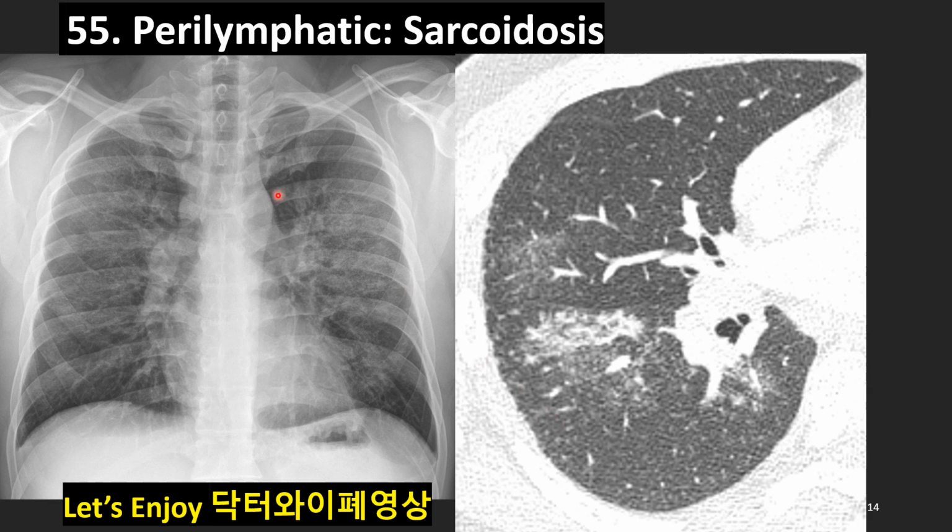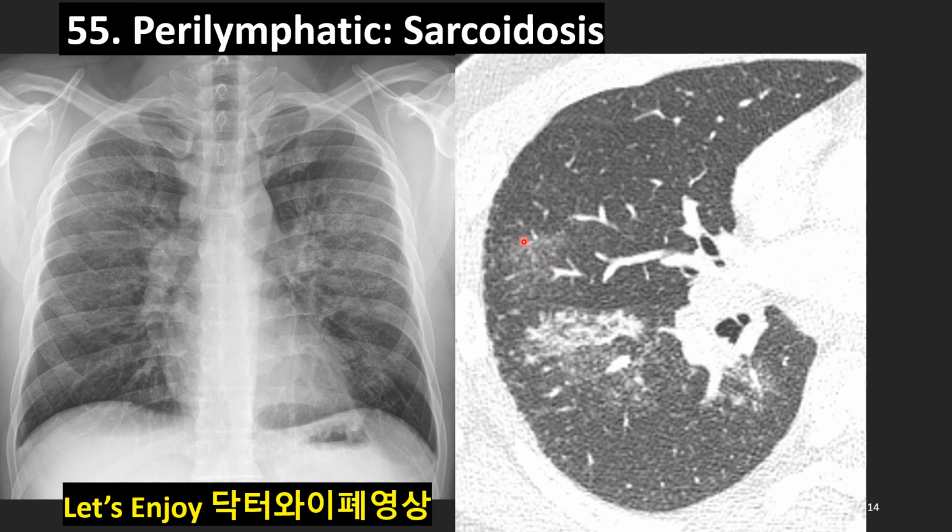Next room is perilymphatic. And let's see, where are the micronodules? Oh yes, visceral pleura. There are many micronodules in this visceral pleura. We see here and everywhere is a pleura.